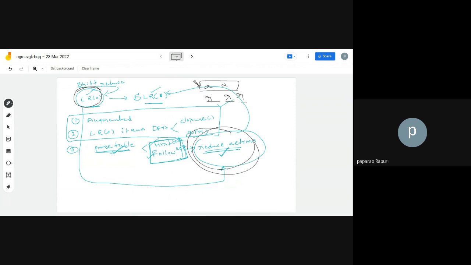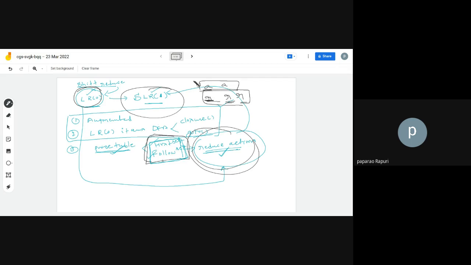So in that production, every terminal is replaced with a reduce symbol, so there are more reduces. So to minimize those reduce productions, we are moving to SLR1 here. To minimize those reduces, we need to first find the first and follow sets.